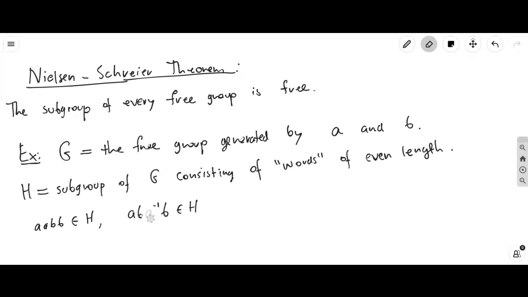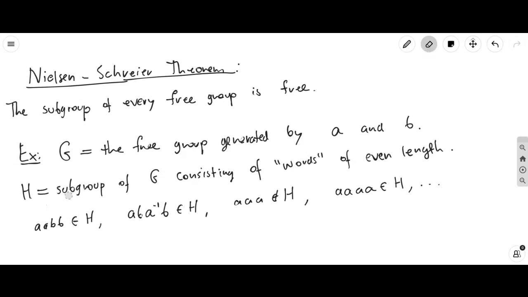You have four of them, okay? But AAA, that would not be an element of H because you're using three of them, okay? So these are words of even length. You can have, let's say, AAAA, that's an element of H, and so on.